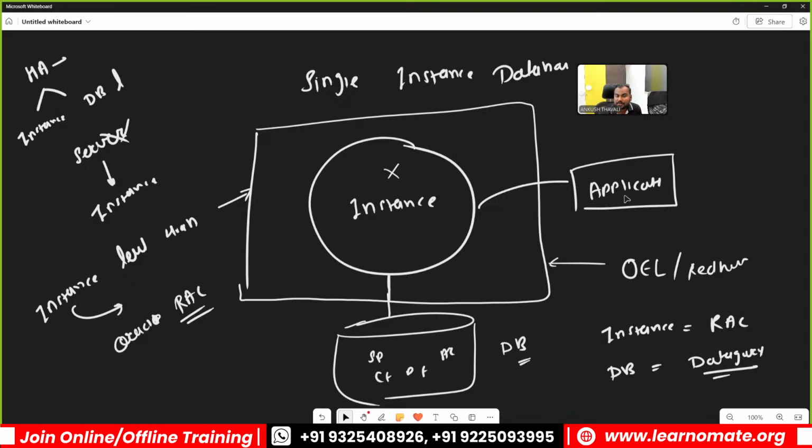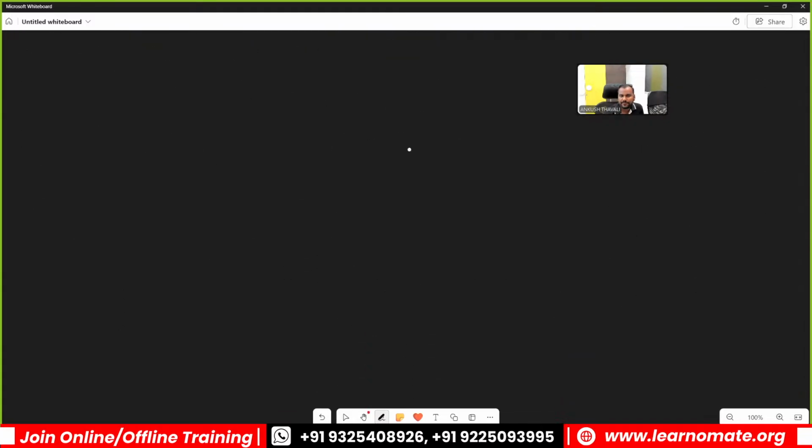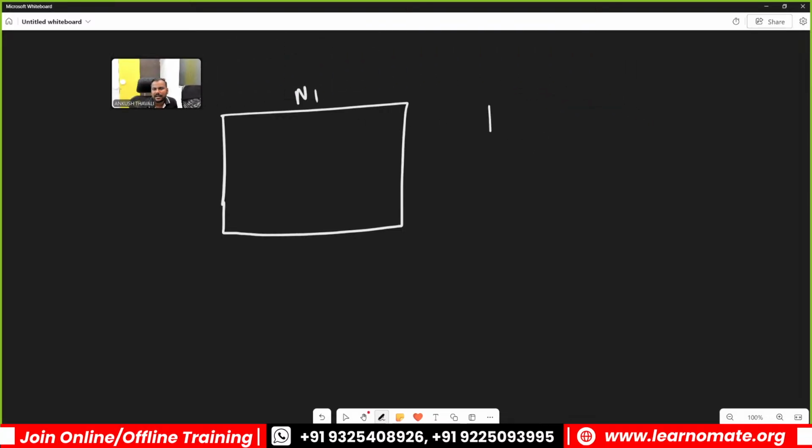Now coming to the next important part: how it will look. This is the instance level architecture. When we talk about the Oracle RAC environment, we will not have a single instance. Here we are going to install multiple nodes, basically servers. So I will have node number 1, and consider that I have one more node.